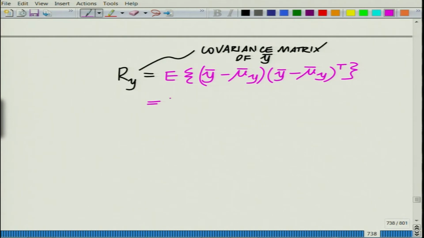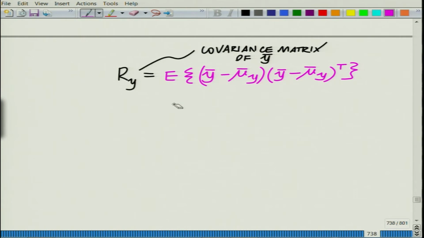transpose, which, if you simplify, is the expected value of, well, y bar is x bar H plus v bar, minus mu bar y, which is x bar mu H, times the same thing transpose.